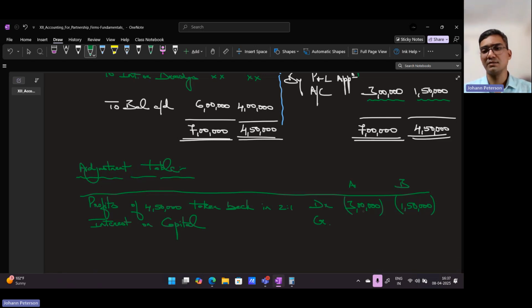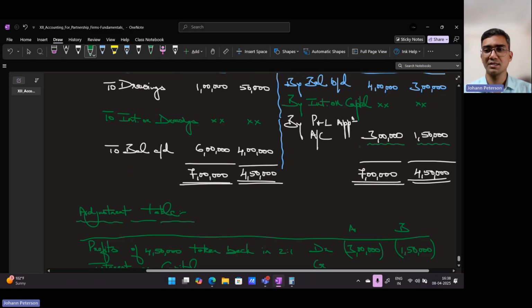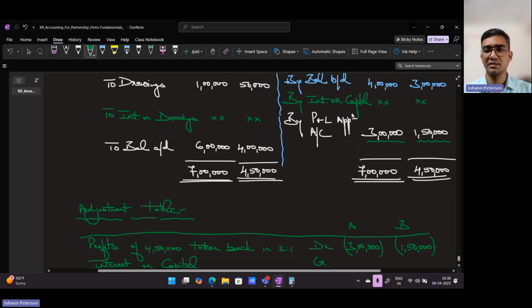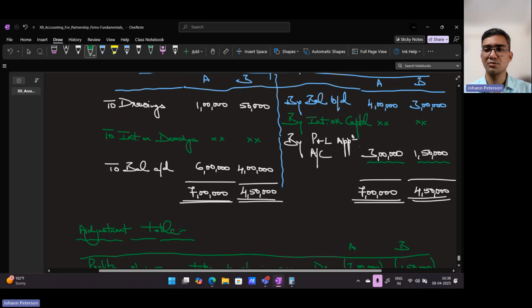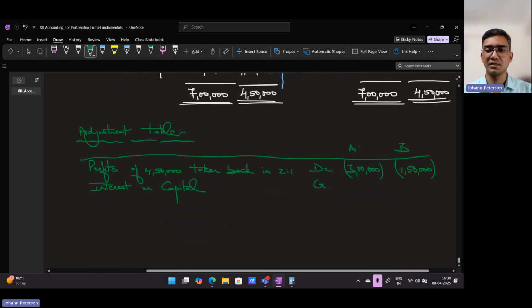Remember always that when we are making this kind of a way of finding out our answer, we are always going to think in terms of the partner's capital account. So interest on capital is credited. So 9% on the opening capital. And we found out our opening capital as 4 lakh. So that makes it 36,000. And similarly, 9% on B's opening capital, which makes it 27,000. So 36 and 27.